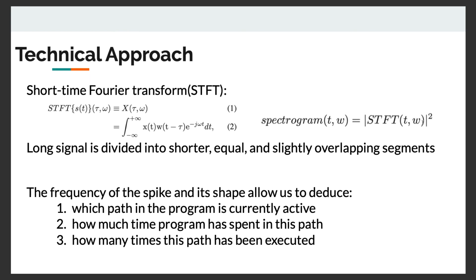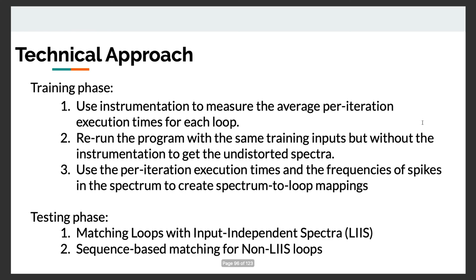By looking at the spikes and their shape, we can decide which path of the program is executed, which means which loops are being executed, how much time each loop has spent, and how many times this path has been executed, based on the whole temporal signal structure.